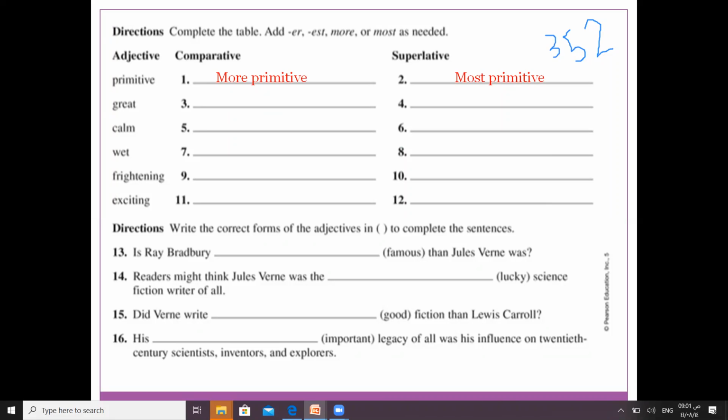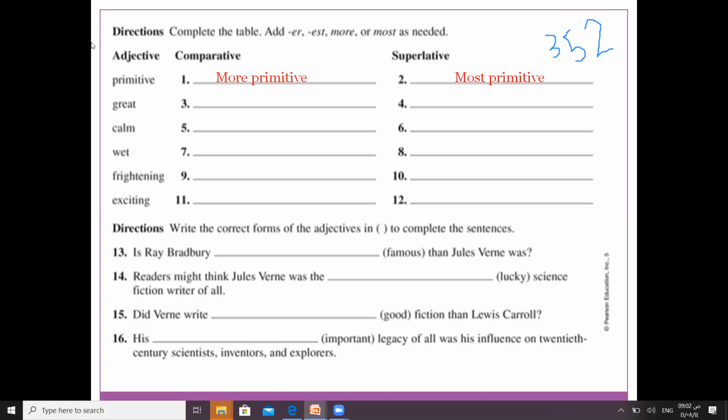Okay, think about the next one. Number 3 and 4. Before we move on, the meaning of primitive is something simple and something natural.